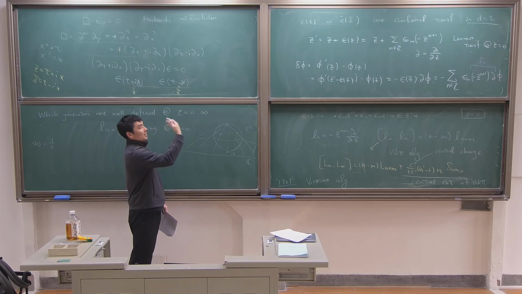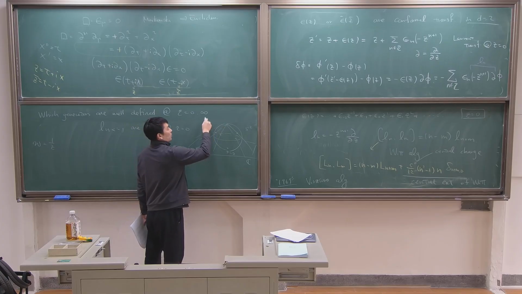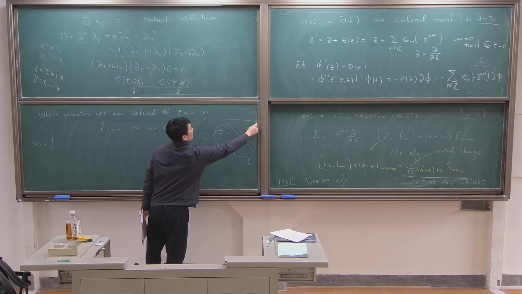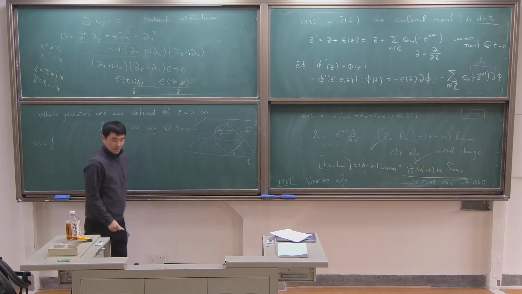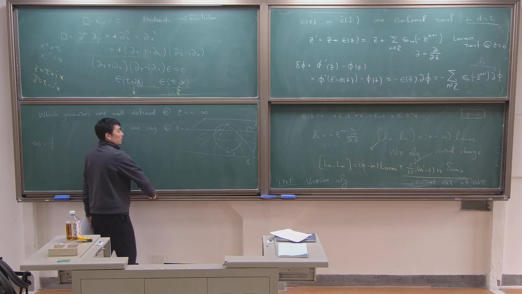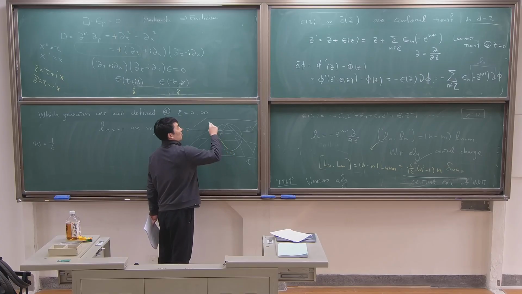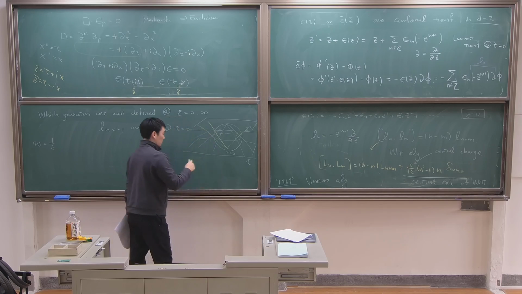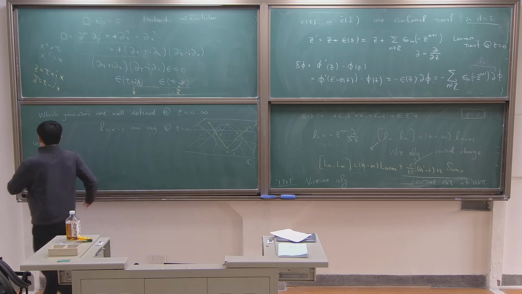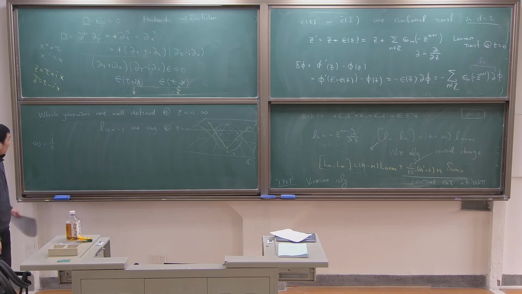But to get a good coordinate around the north pole, you use what's called stereographic projection. You take the south pole and map each point in S2 one-to-one, and that is just a translation. W goes to 1 over z.